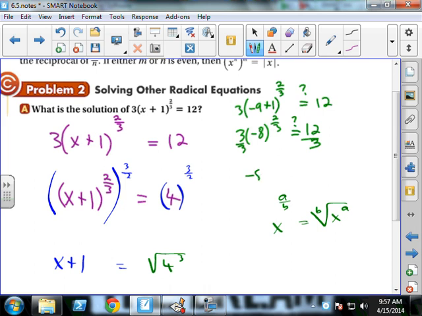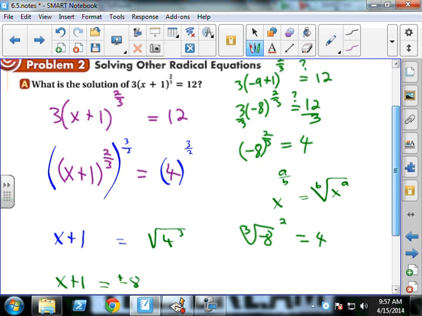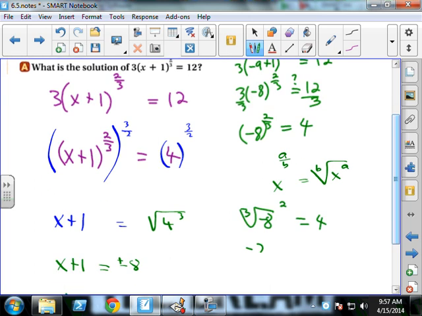So that's -8 to the 2/3. Is that equal to 4? Remember, when you raise something to the 2/3 power, it would be like taking the third root of it and then squaring it. Well, what's the third root of -8? It's -2, and -2 squared is 4.